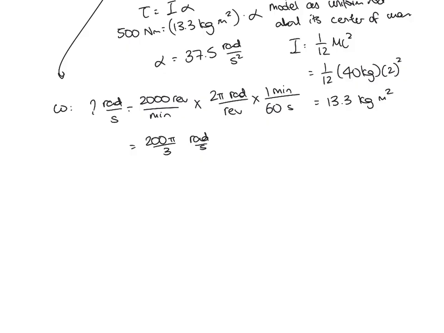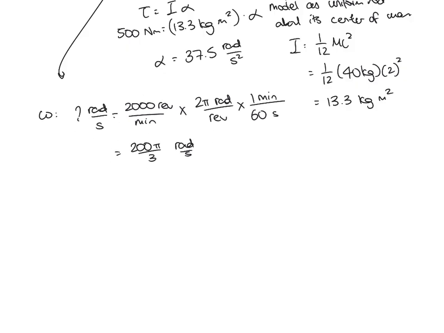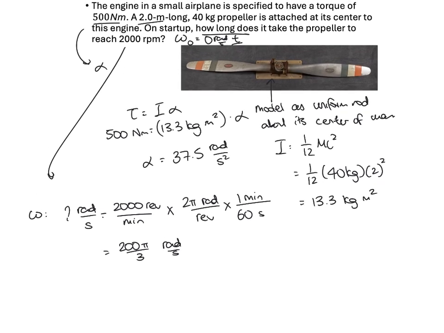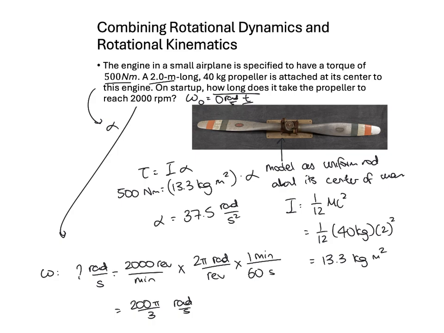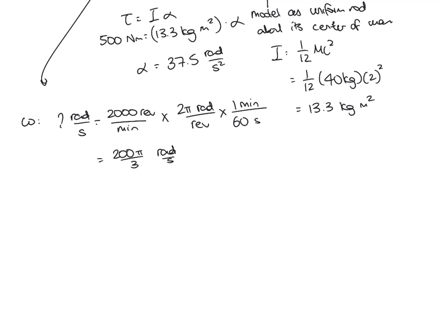So we have this, and also the initial angular velocity here. We're going to use our equations for constant angular acceleration, and the one that's most obviously going to be used is omega equals omega naught plus alpha t.